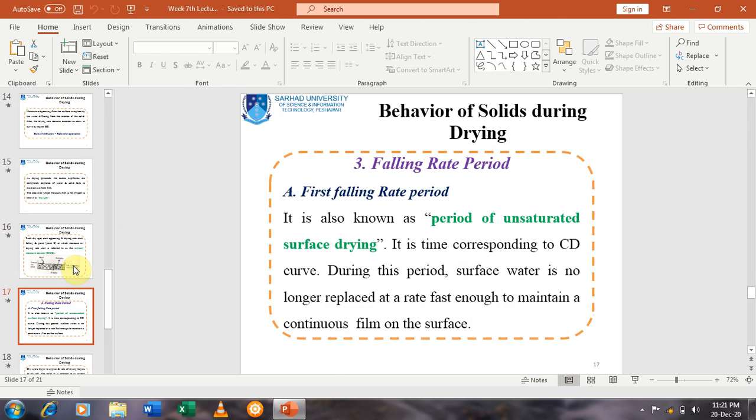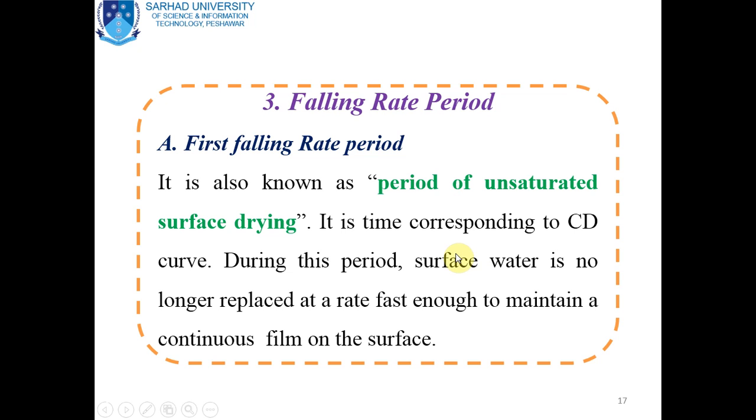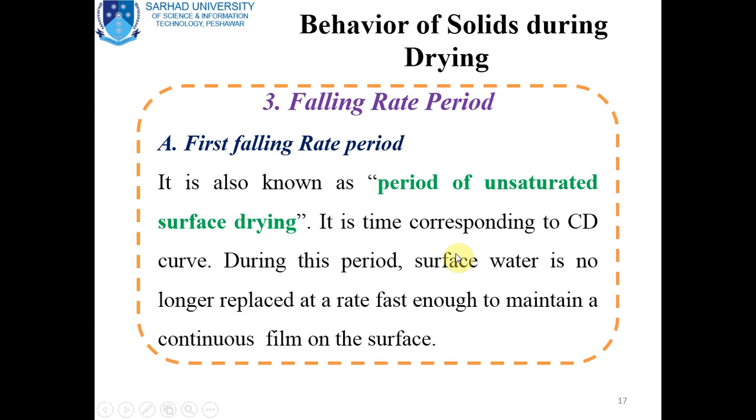Now we have to discuss the falling rate period and what happens in it. As I told you earlier, it is divided into two subclasses, the first falling rate period and the second falling rate period.